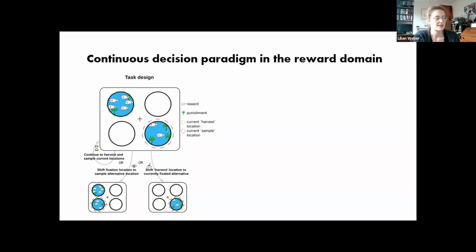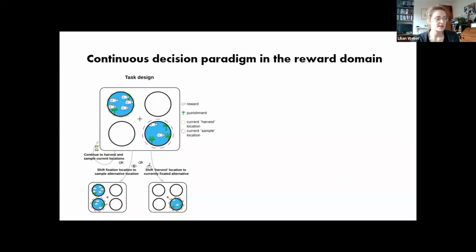And we hope that this design will, first of all, translate what we see in the perceptual domain into the reward domain, because the rate of reward and punishment will change dynamically over time. And so this is, again, a continuous paradigm where they can switch between the different patches whenever they want to, but they constantly have to observe the value of the different patches and compare them.